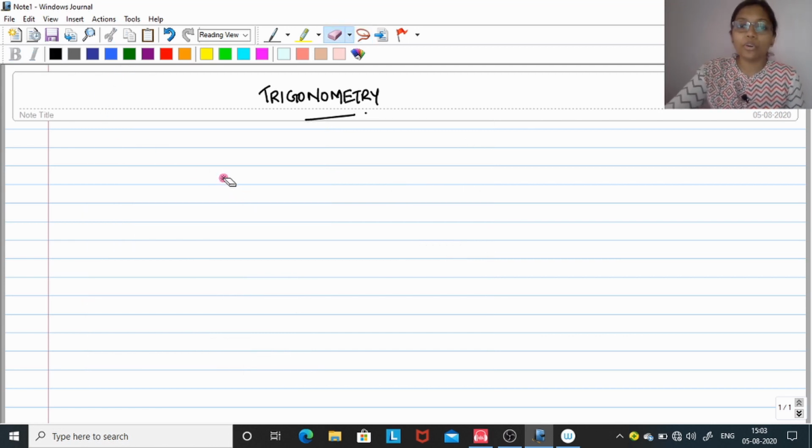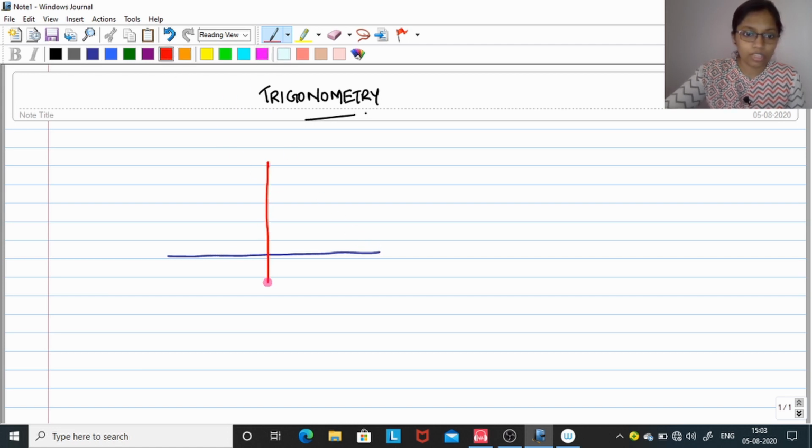Initially I need to draw quadrants, which means drawing two lines, one horizontally, another vertically, so that you get 4 quadrants, quadrant number 1, 2, 3, 4, okay.